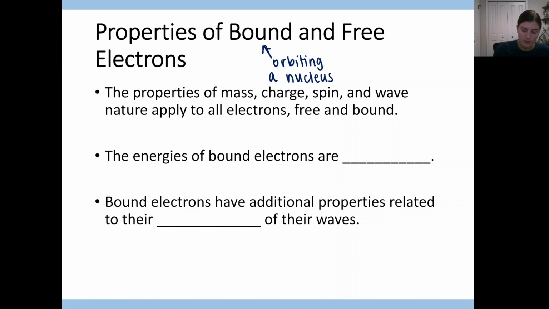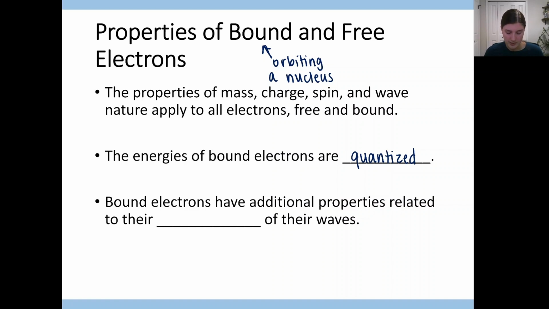So the energies of bound electrons, so an electron that is part of an atom, are quantized. And we talked about that in previous sections. The energies of bound electrons can only exist at specific energy levels. That's what we mean by quantized.